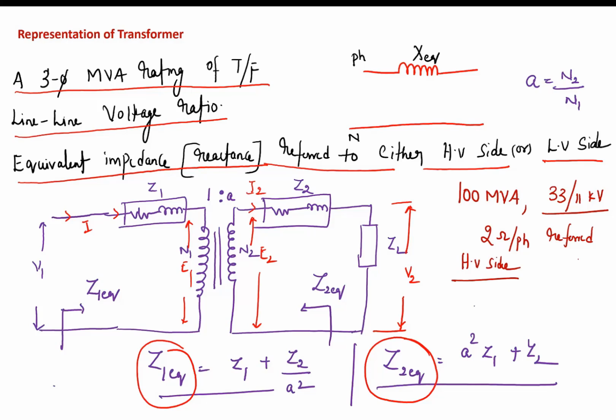That means the equivalent impedance of the transformer with respect to the 33 kV side is 2 ohm per phase. Like this the data of the transformer will be mentioned. Next, how do we represent the transmission line? Even the transmission line is represented as a simple series reactance. Okay. So what is the data that is important in transmission line?